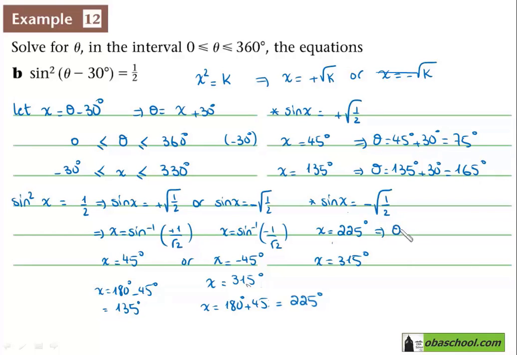Now here, x is 225 plus 30, which equals 255 degrees, and finally 315 plus 30 equals 345 degrees. So these are the four values of theta: 75, 165, 255, and 345 for this quadratic equation, such that they are between 0 and 360 degrees.